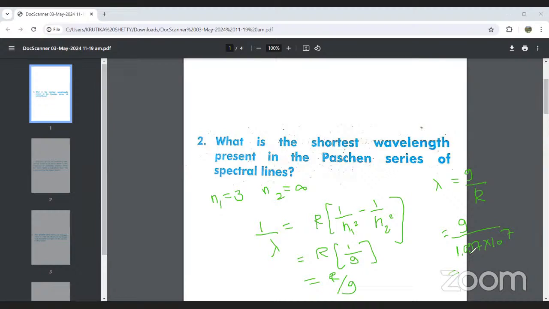Nine divided by 1.097 times 10 to the power of 7. You can tell me the answer after doing the calculation. Copy down the steps and tell me the final answer.